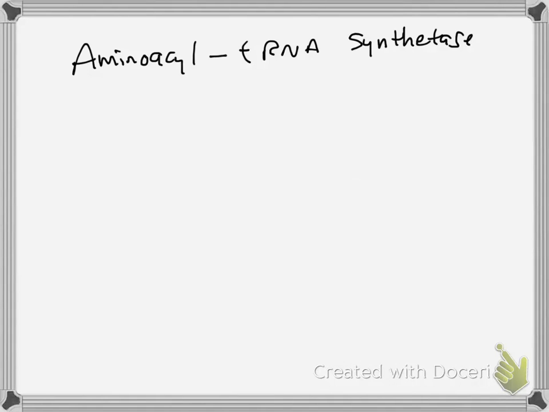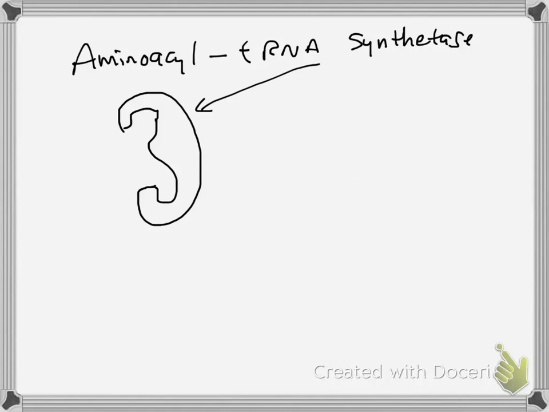There is a synthetase for each amino acid and each tRNA. It's an enzyme, and your book gives you an example of an enzyme that looks like an ear, so it has a hook shape, and then there's a little spot up here. This is my enzyme.